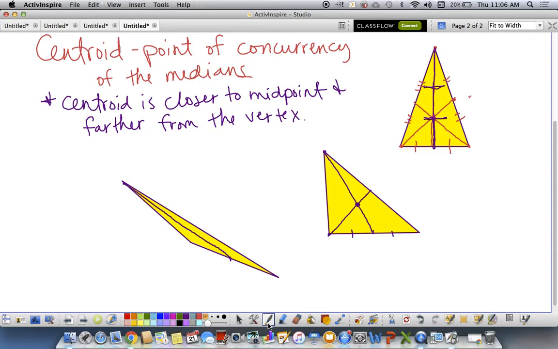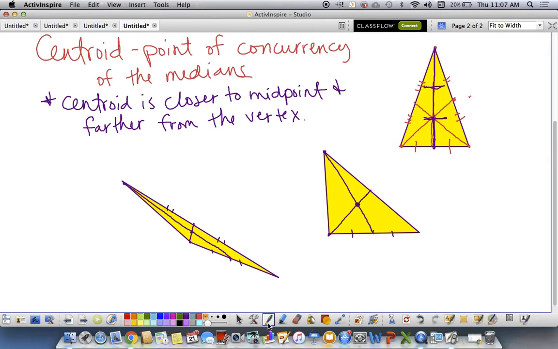And then I'm going to go from this vertex. The long line is the hardest one to figure out the midpoint of. It's the shortest line to draw, but it's hard to find the midpoint.